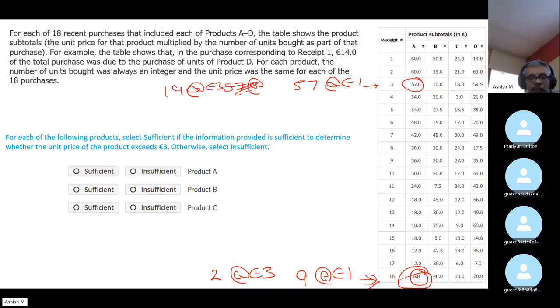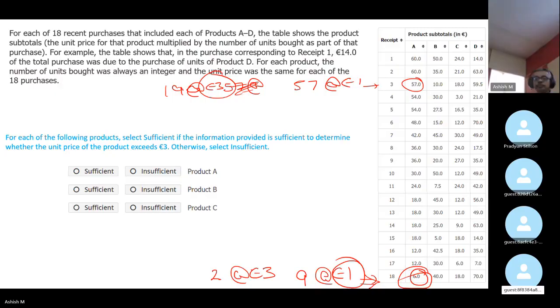Do you agree both of these are possible? Yes, I agree with that. In this case, it is not exceeding 1 euro. In this case, obviously, it is 3 euros. So these two pieces of data don't really tell us that, Divya. Both possibilities are there looking at these two pieces of data.